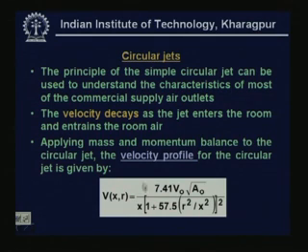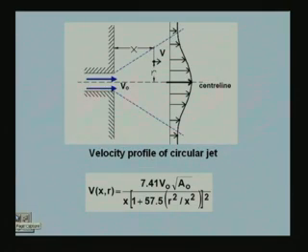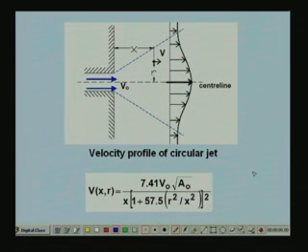Let me show this in a picture, it will be clear. This is your circular jet. If you look from this side, it is circular in shape. The jet is leaving the outlet, so this is your outlet. As it leaves, as I have already explained, it spreads. The air jet spreads, and its velocity varies continuously. If I define my x coordinate, at the supply air outlet x is 0, and r is like this, the center line r is 0.